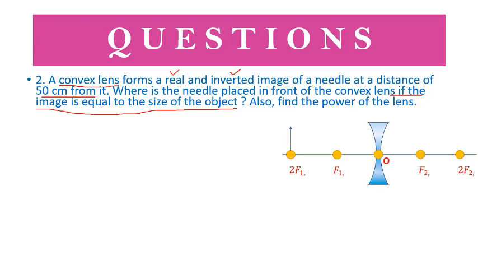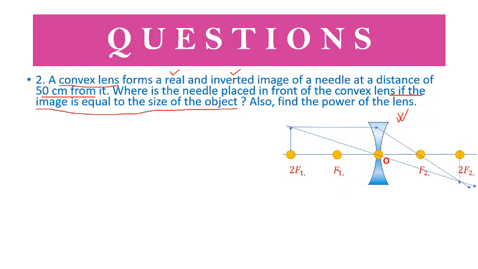So at what condition do we have this? Suppose we keep the object at a distance of 2f, so we will get the image at a distance of 2f. Many students are saying, sir, please do the diagram of this also. Obviously I will do it. I thought to do it in the previous class, but I will do it in the next class itself. All the formation of images by lenses, we will do it in this way.